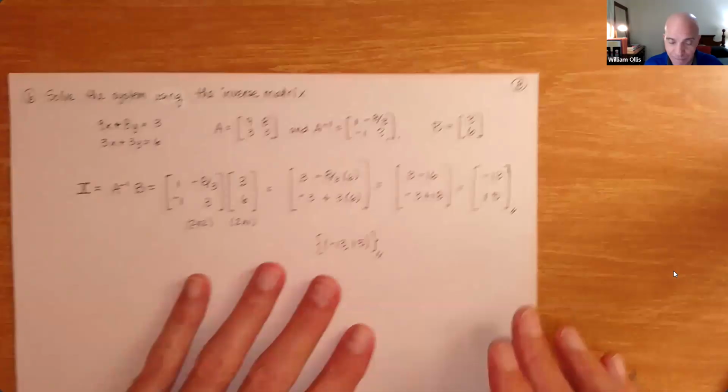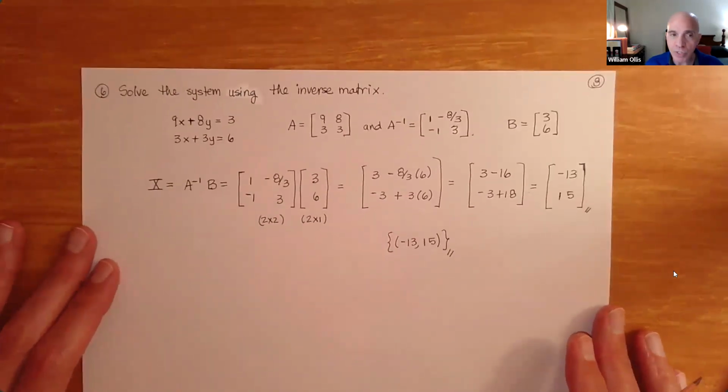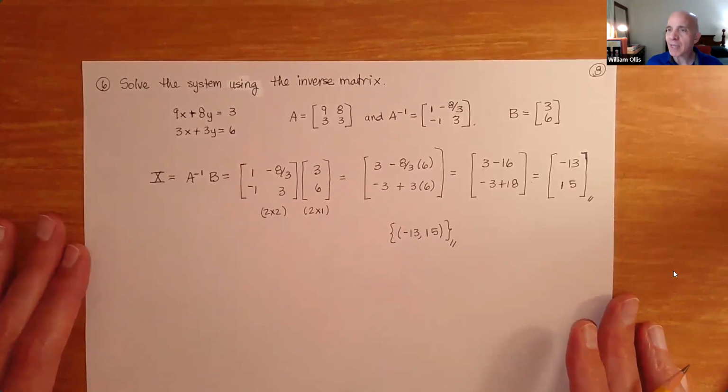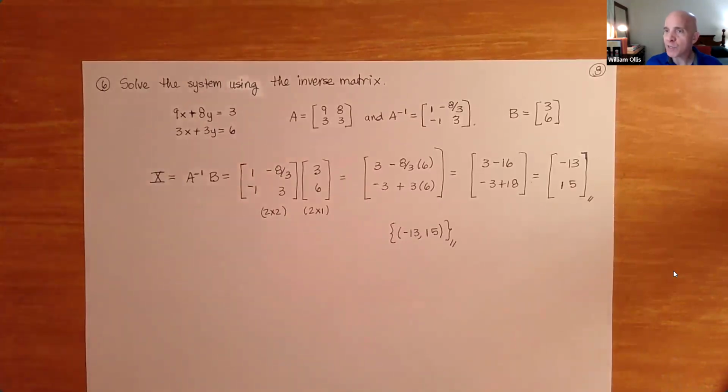Now, the last example is what I promised from your lecture notes, that in the case of an invertible coefficient matrix, you can actually apply the inverse matrix. Again, this is not something that you will use often.